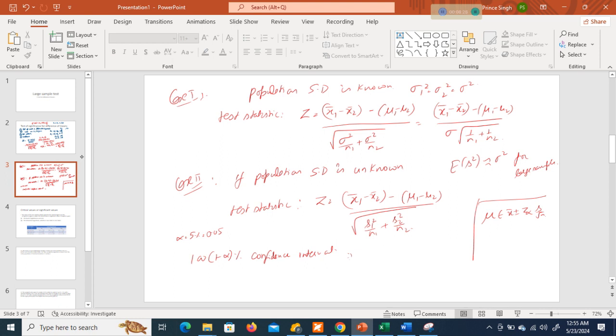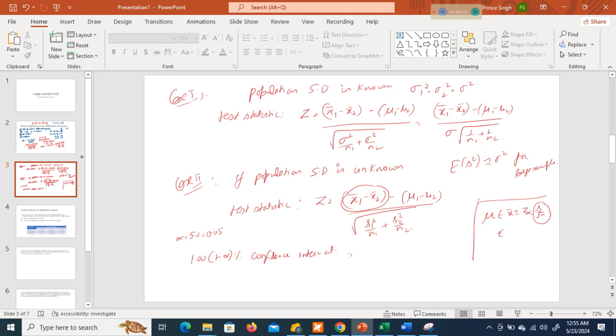If we are calculating a confidence interval for two different samples, we replace the population standard deviation with the sample standard deviation. So x bar is replaced with the difference, and the standard error.